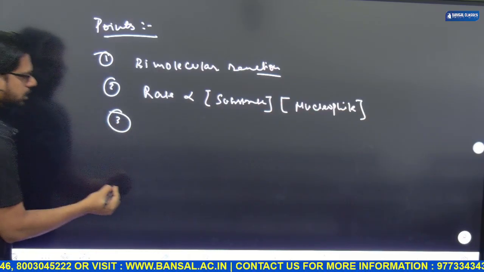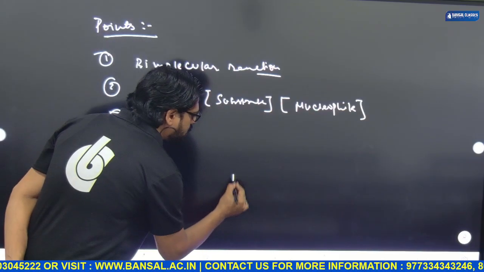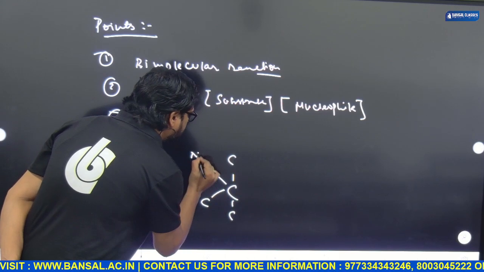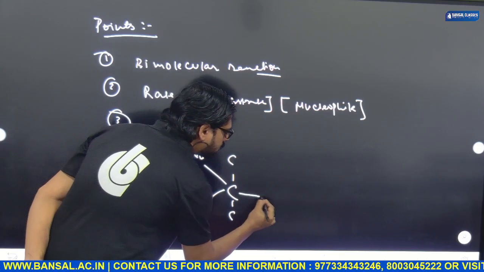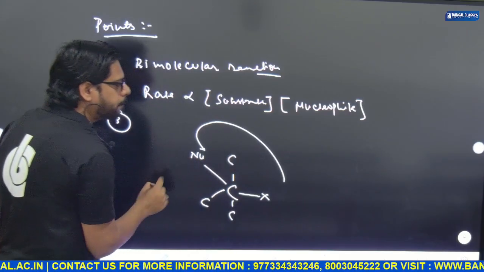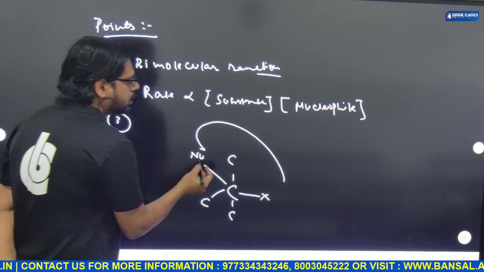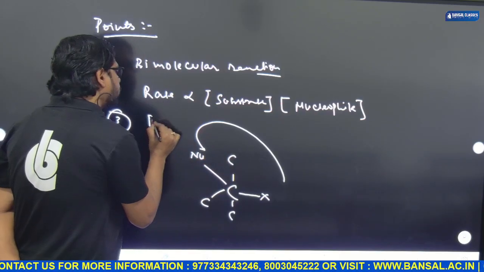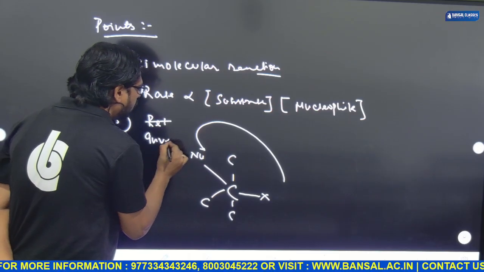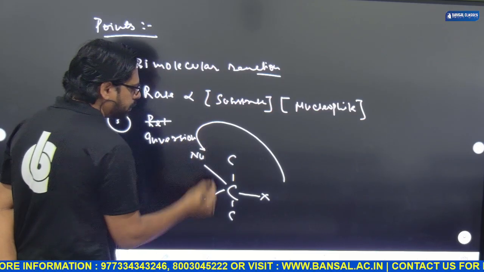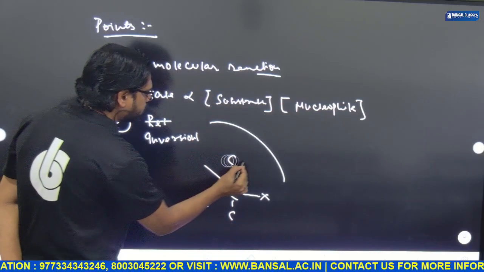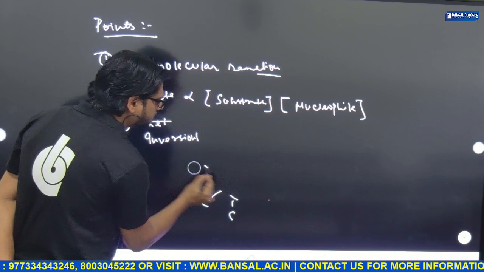Before the third point, let me make that example once again. This is a nucleophile and there was a halide associated here. So what happened is the nucleophile takes the backside entry. So there will be inversion, not retention. Inversion process will happen. So the SN2 mechanism is an inversion process.